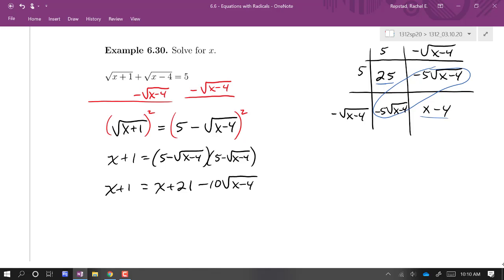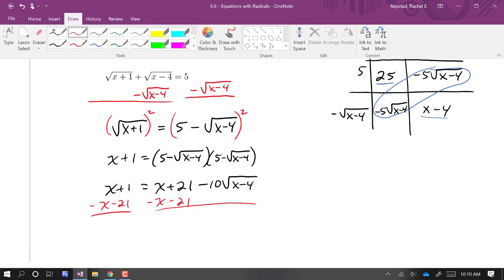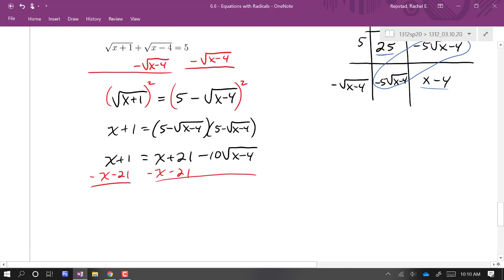Isolate that radical. So let's throw those other terms on the other side. I'll subtract x and subtract 21 from both sides. So we have minus 20 on the left. On the right side, we have minus 10 radical x minus 4.